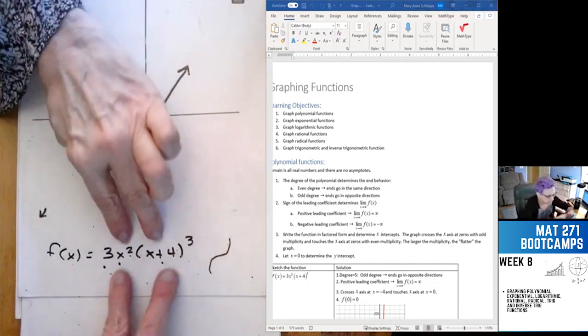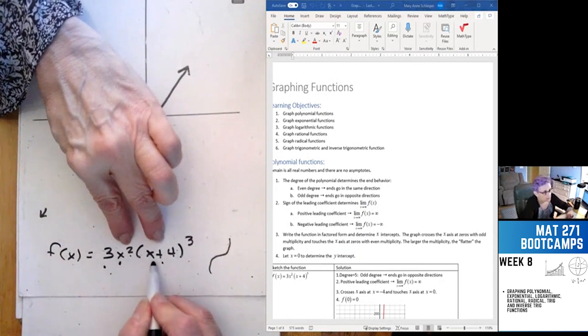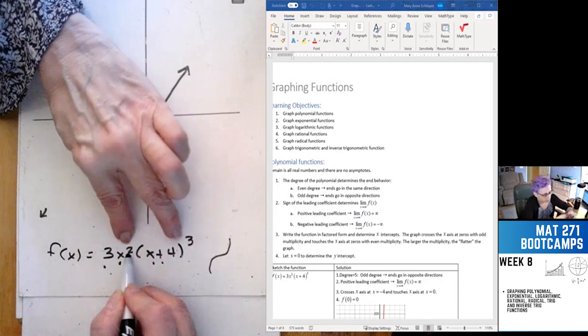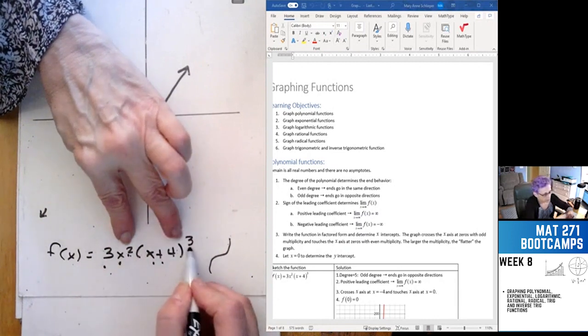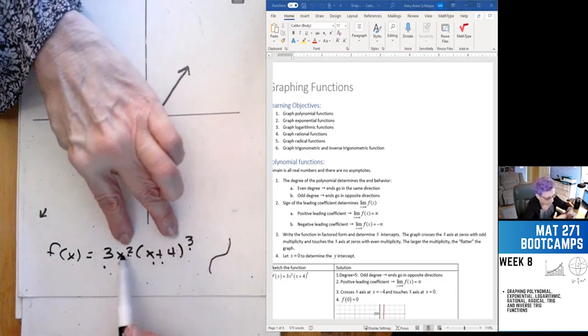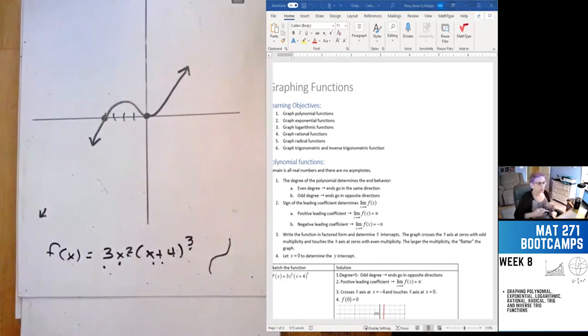There's 2 zeros because this is a 0 and this is a 0. This one has multiplicity 2, and -4 has multiplicity 3. And the multiplicities add up to the degree of the polynomial.